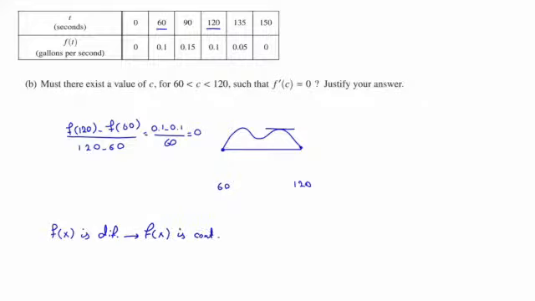By using the Mean Value Theorem, or MVT, we conclude there exists c, strictly greater than 60 and strictly less than 120, such that f prime of c equals the slope. We can say this tangent line is parallel to this, and it is our c. So f prime of c equals 0. Okay, so we proved part B.